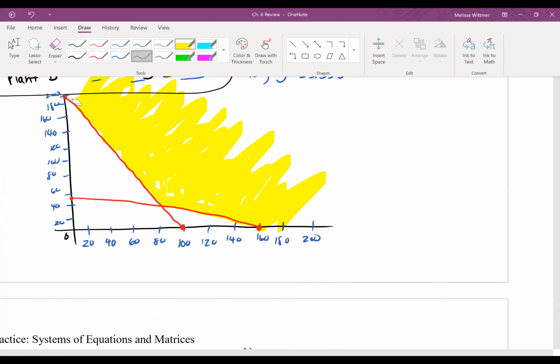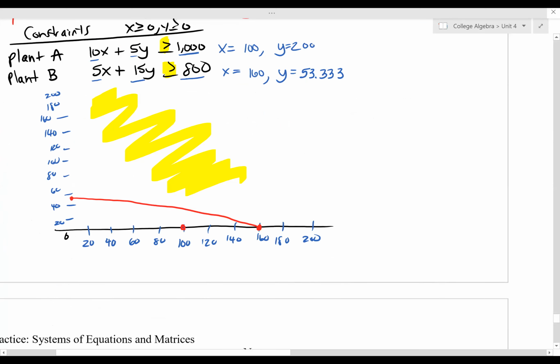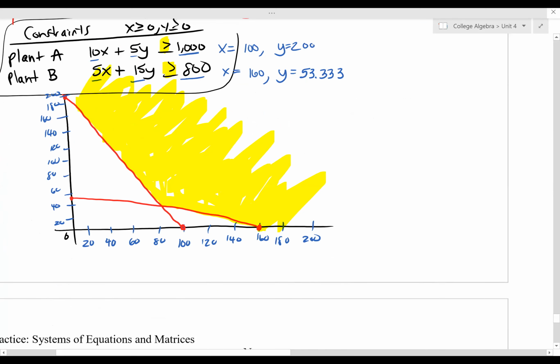We have one corner up there, and that point is 0, 200. So we have a vertex at 0, 200, and then another point down here at 160, 0. And then we have this intersection region again.